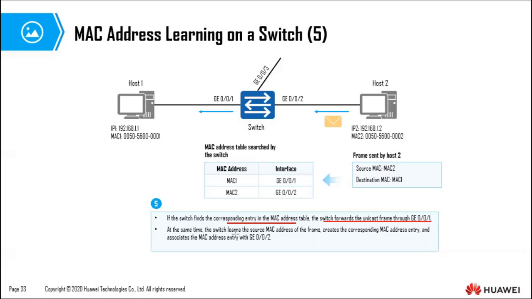At the same time, the switch will update its MAC address table and create a corresponding MAC address entry and associate it with G002 for host 2. Is that clear?